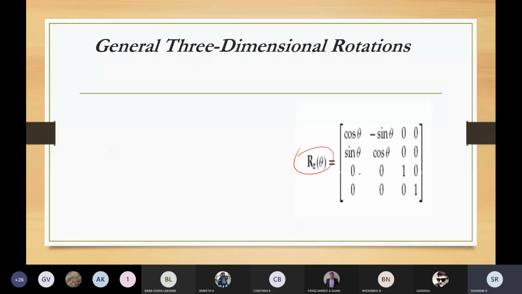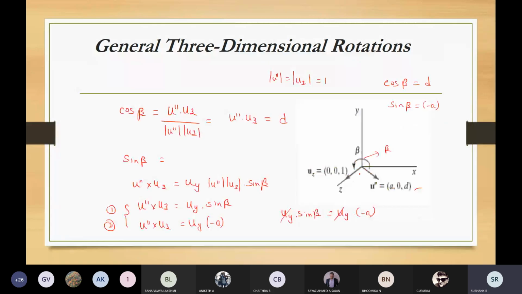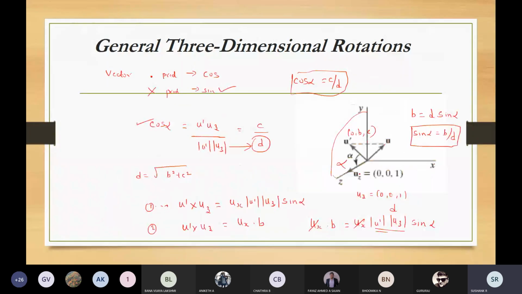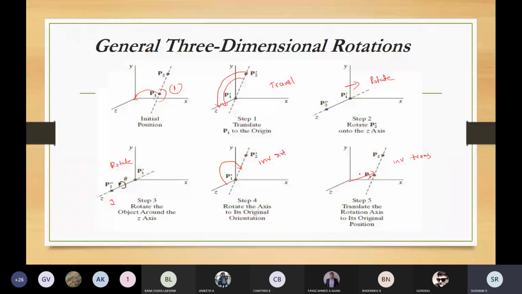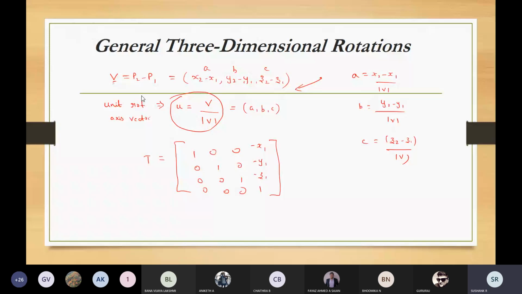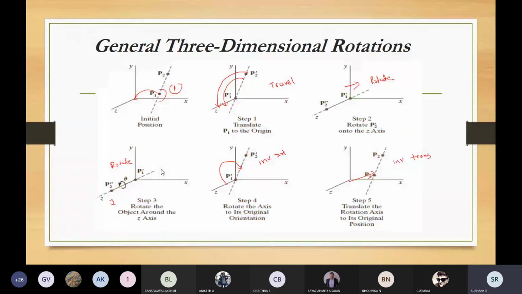So the first step was to translate from point P to the origin. The second step was to perform the rotation such that it will coincide with the axis.